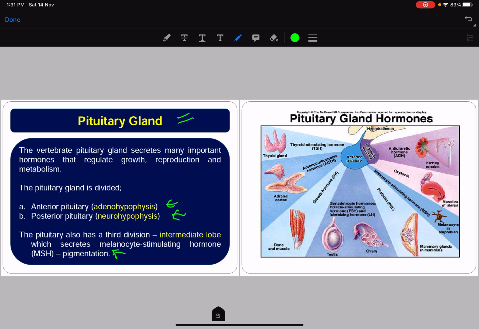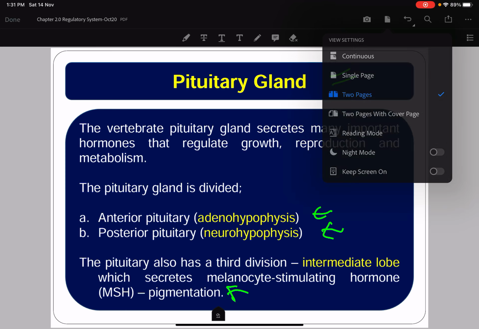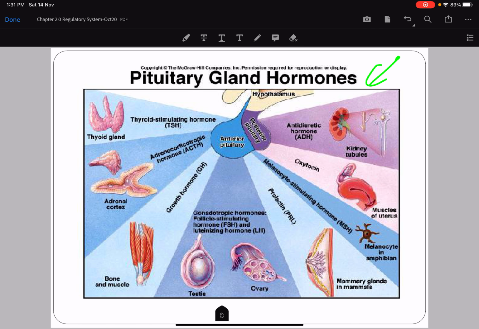Okay, focus on the second slide here. Let's change the view. Pituitary gland hormones. The hypothalamus also gives signals to the pituitary gland. Looking at the first one, the anterior pituitary can secrete TSH, thyroid stimulating hormone.